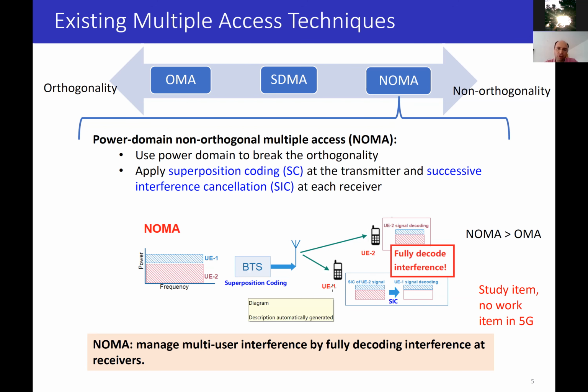You can think of this as one user fully decoding the interference that has been created. So in terms of interference management, this is a particular type where any interference is fully decoded at the receiver. Right, so this is non-orthogonal multiple access.